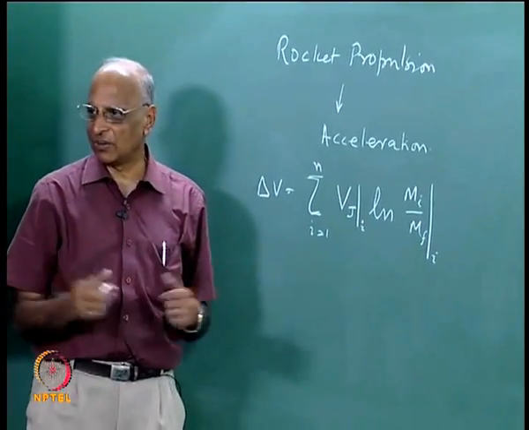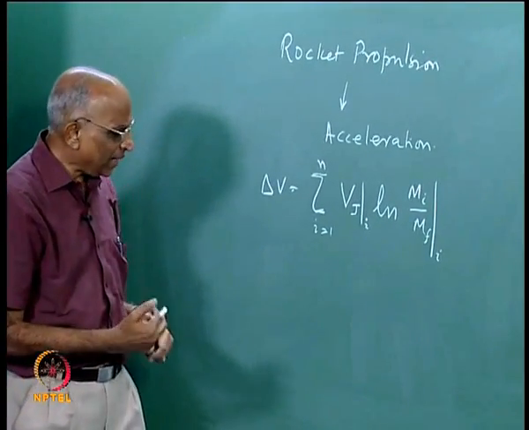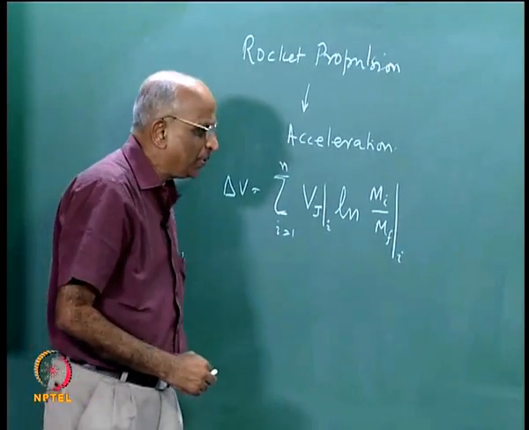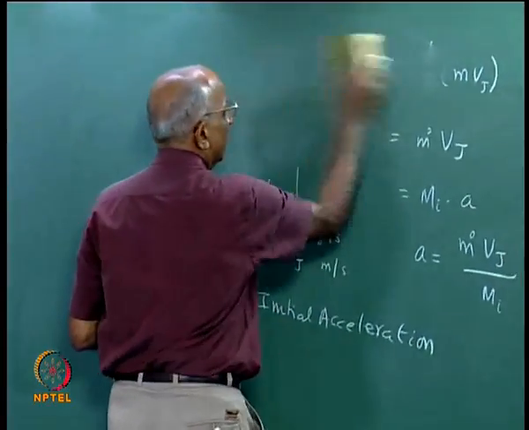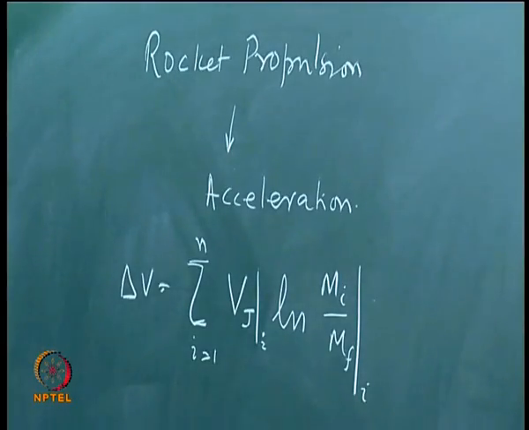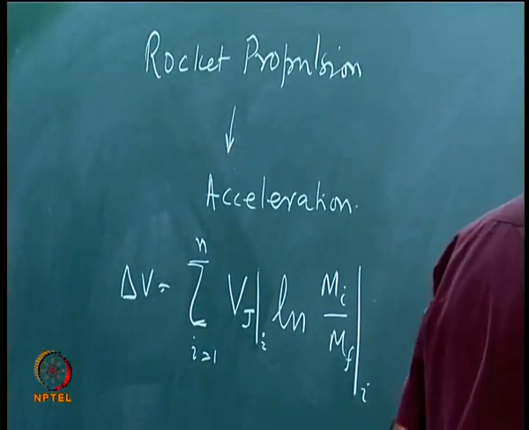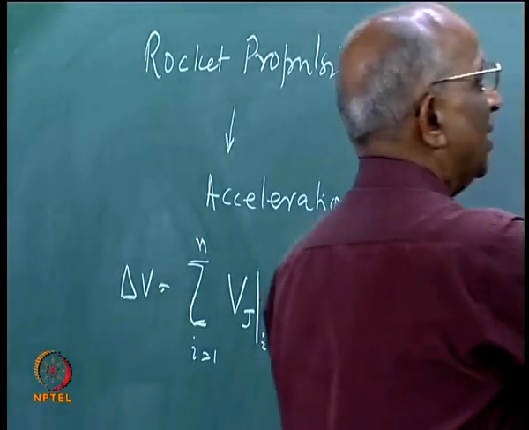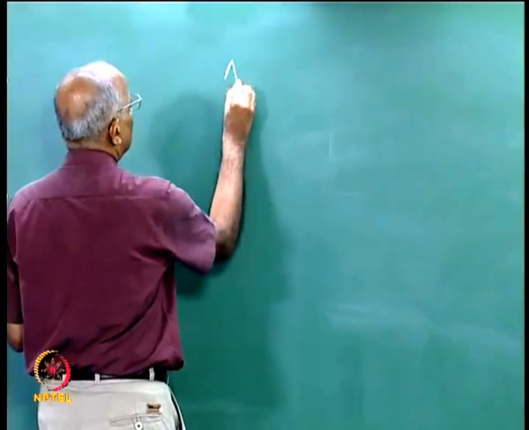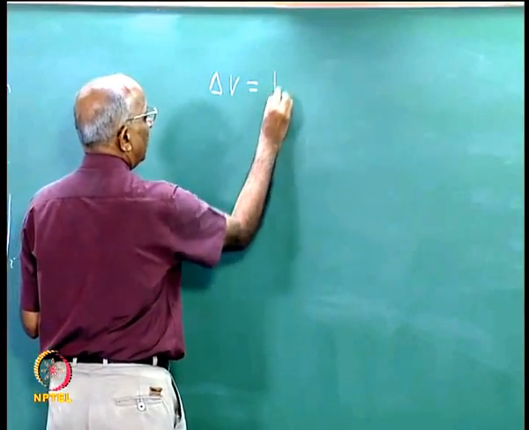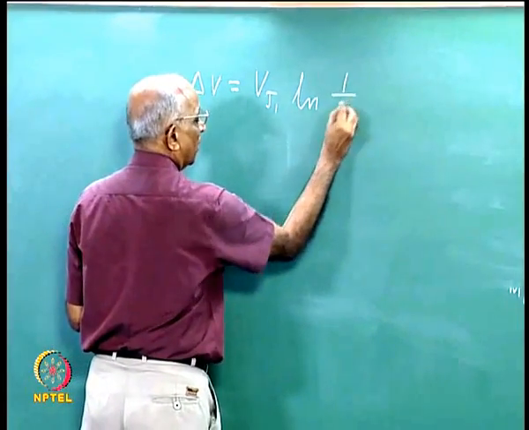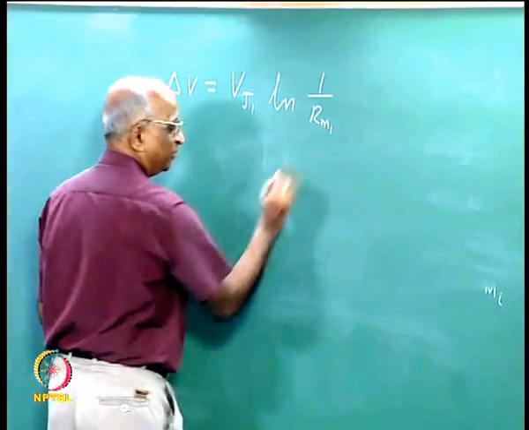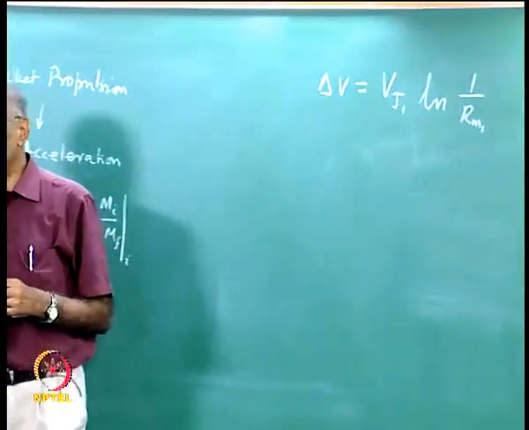If I were to simplify, in a theory class we should try to simplify and get the terms together, delta V is equal to Vj1 ln of 1 over the mass ratio Rm1, does it make sense to you?